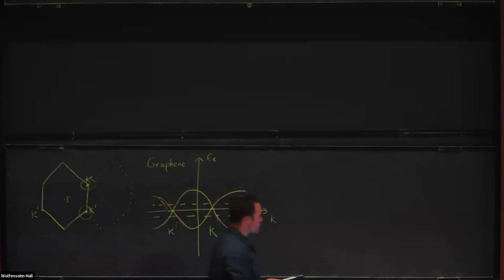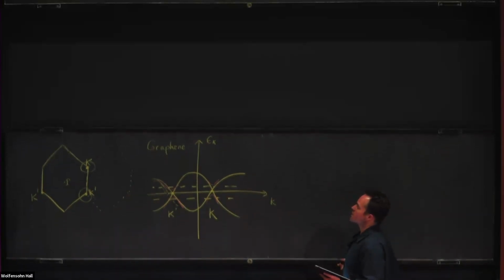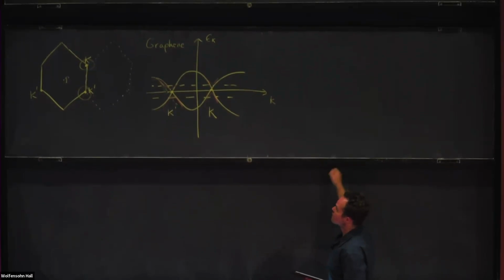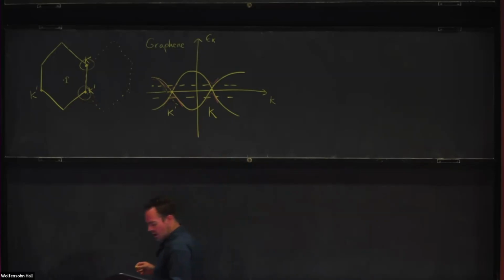Now, we'd like to be able to come up with a sort of continuum field theory description of such a system which has two valleys. And to do that, we're going to use a decomposition of the field operator into the part of the electron field supported in valley K and the part of the field supported in valley K prime. So in graphene, for example, I have a field operator which destroys an electron at sublattice A, where this A could run over the A or the B sublattice at position R within space.